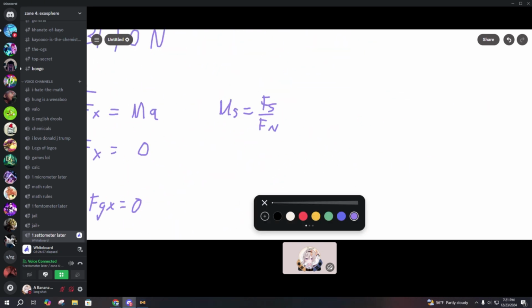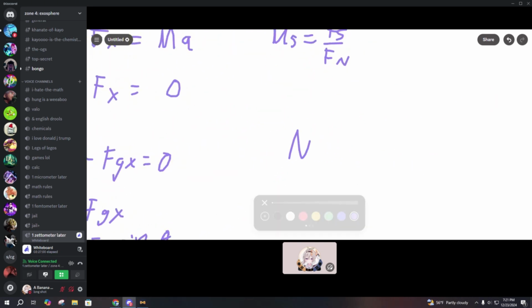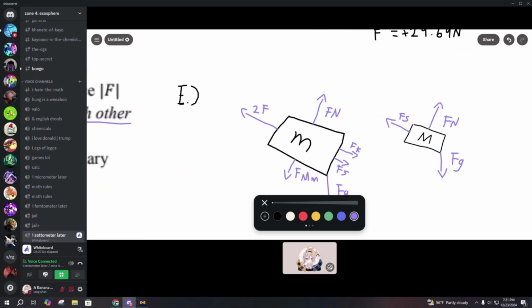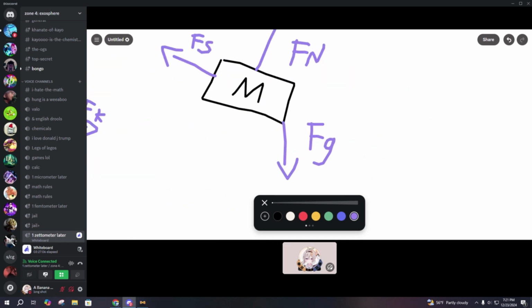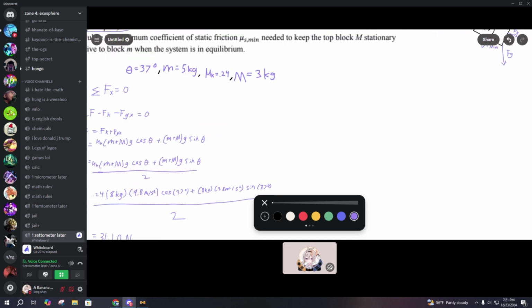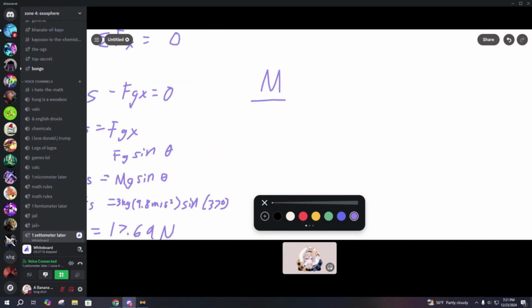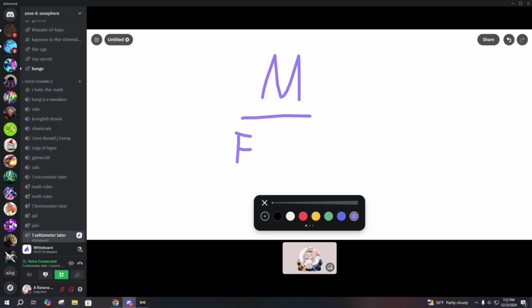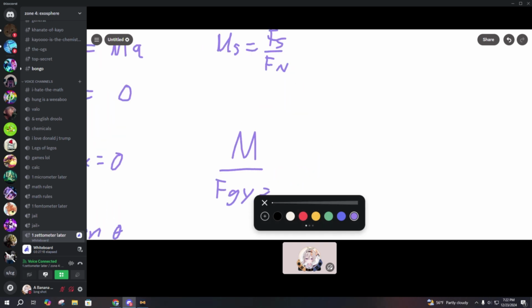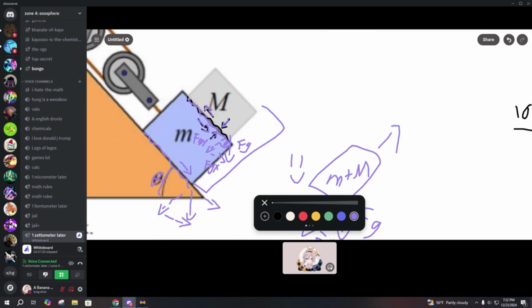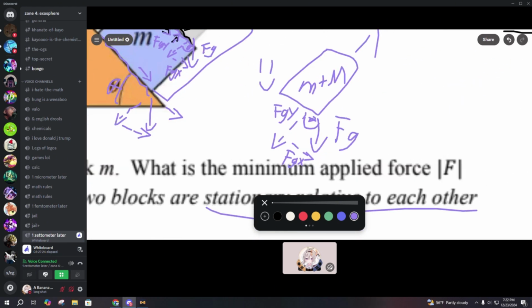And now I need Fn. Well, what is Fn? Let's look at big M's perspective, because that's the perspective I'm using to find Fs. I know Fn is just going to be FG's Y component. So what is FGY equal to? It's FG right here.